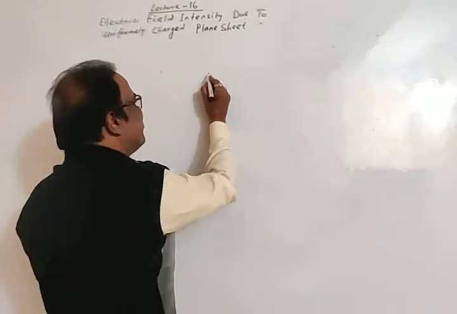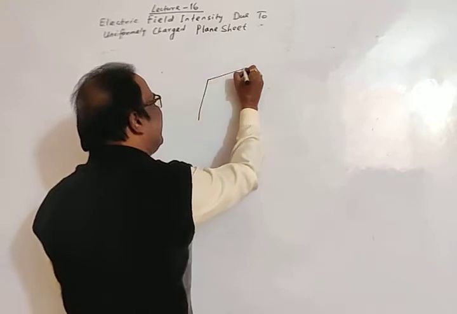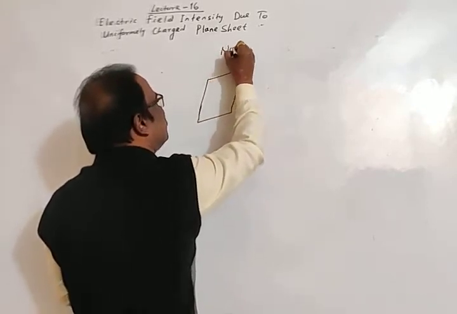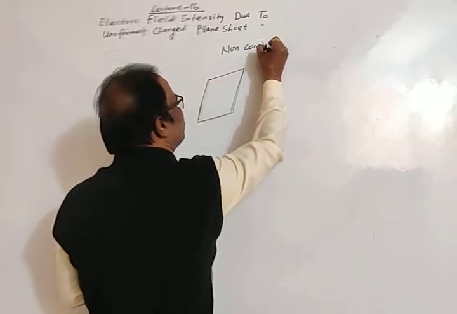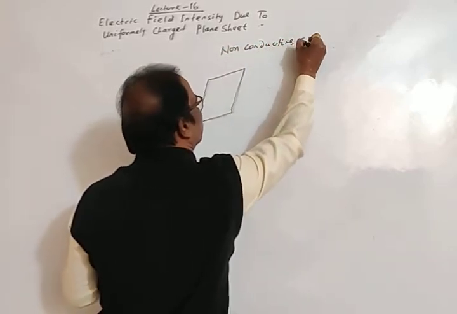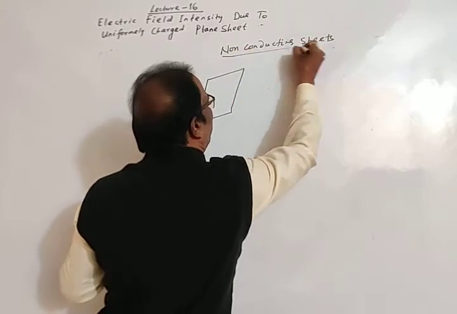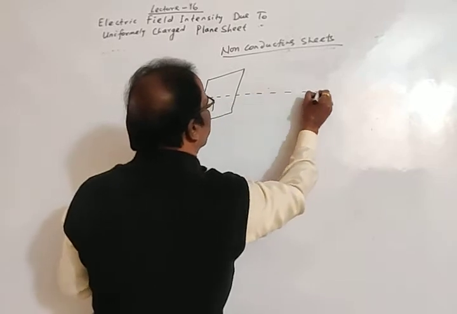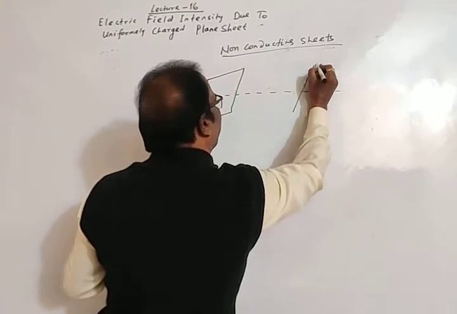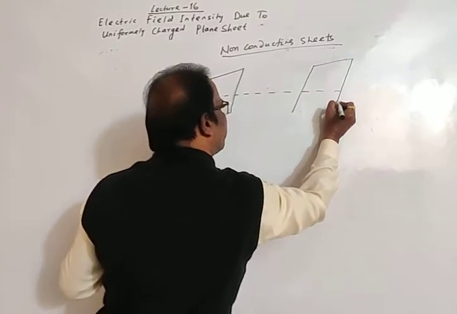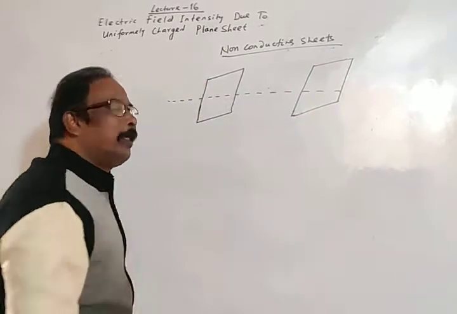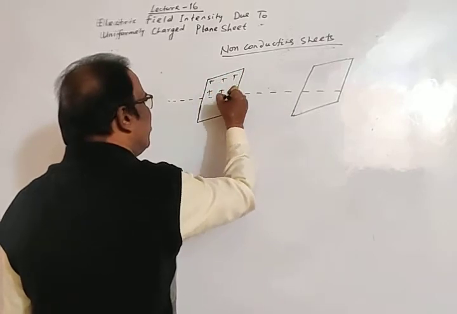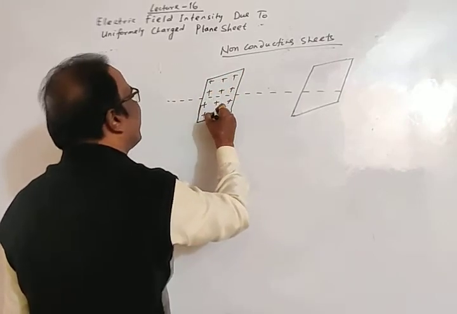Suppose we have taken two flat non-conducting sheets kept parallel to each other. Each flat sheet has area A. Let both be positively charged, with uniformly charged distribution.